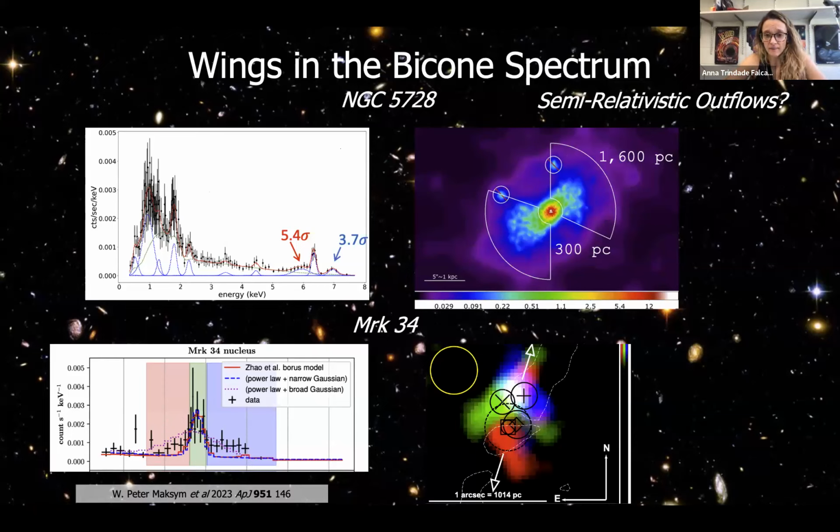So this emission that we detected has, regardless of its source, projected velocities that are consistent with UFO velocities. So you have relativistic velocities happening in this narrow-line region here.